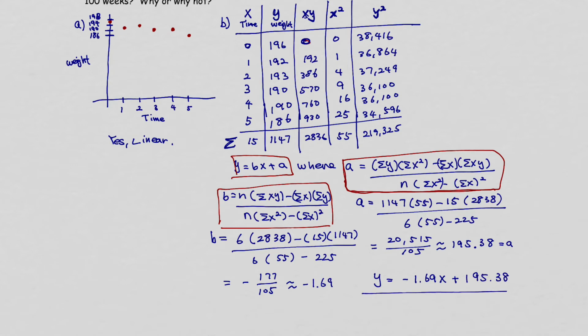So that's how you can find your linear equation from the data by hand. You can also do this using decimal or any other tools that you can use in a computer system, right?